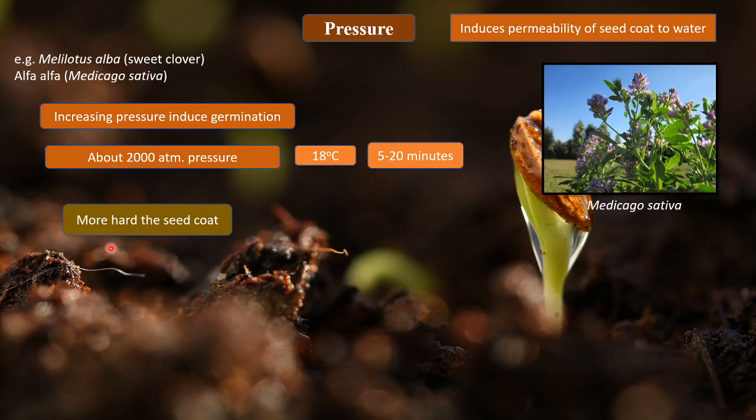So the main point to understand here is that the harder the seed coat, the more pressure required to induce seed germination. So this method is often used to increase the permeability of seed coat to water, right? So this is it about pressure.